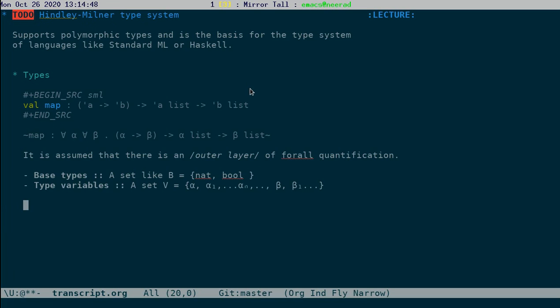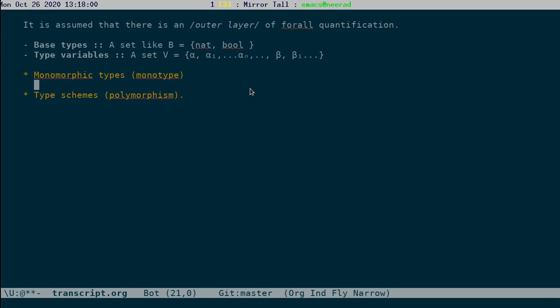Types are divided into two classes: monomorphic types, or monotypes, and type schemes, which is where you get polymorphism. So now let's look at monomorphic types.